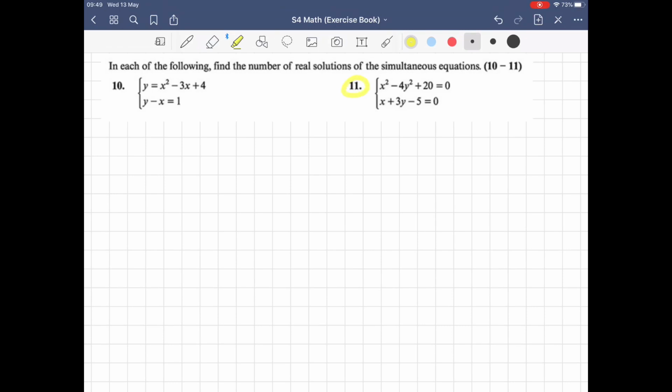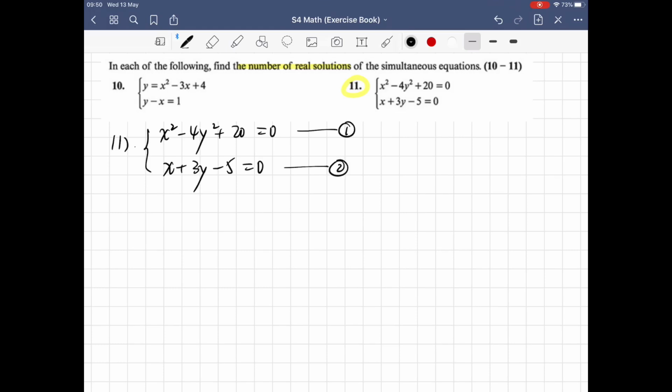In this question, it asks you to find the number of real solutions of the simultaneous equation. For question 11, we have two equations. The first one is x squared minus 4y squared plus 20 equal to 0. And the second equation is x plus 3y minus 5 equal to 0.